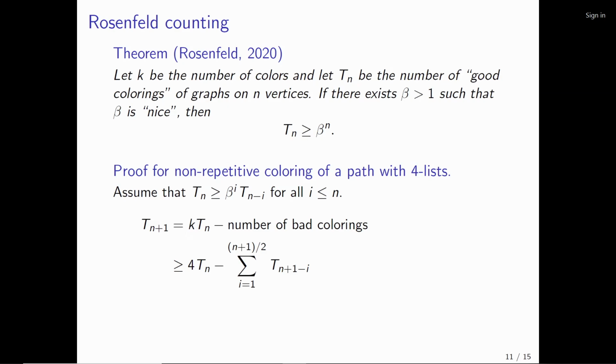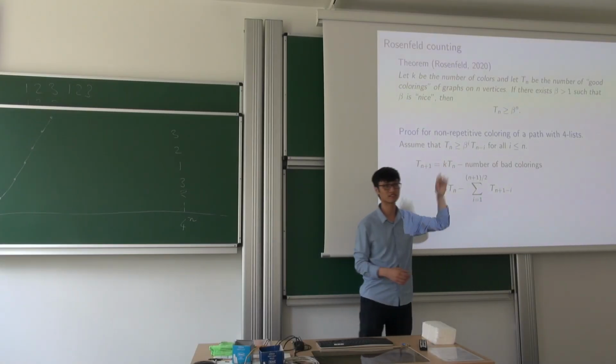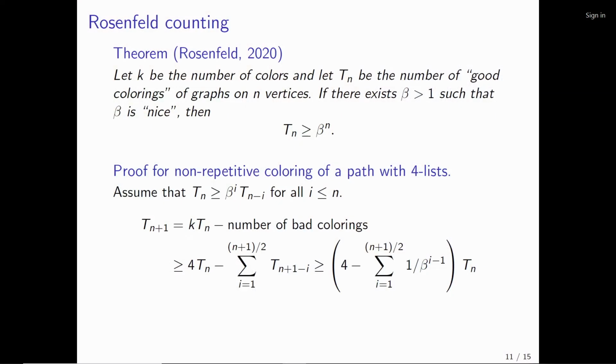Now, everything is super easy, right? Because I have this assumption, which I replace in here, and computations, and so on. Right, so I have some geometric sum here. I'm just going to bound this by an infinite sum. Okay, so I get something like this. And now, what does it mean to be nice? Well, it means that here I need this to be at least beta Tn for it to work.